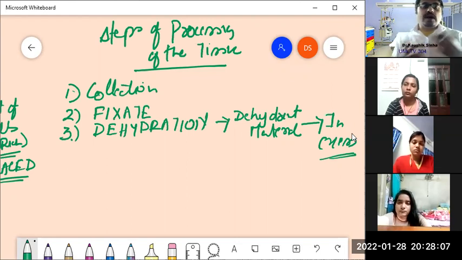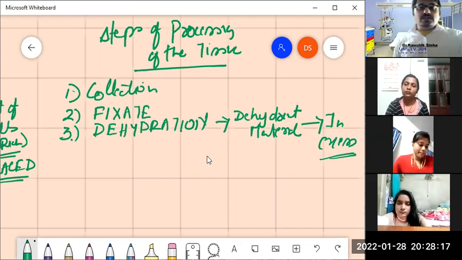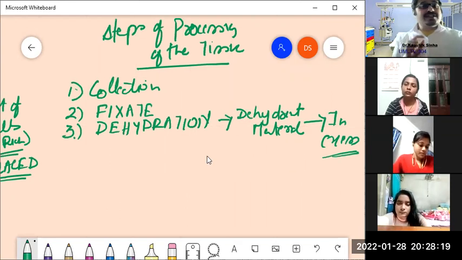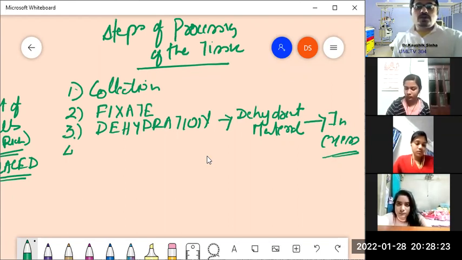We need to have that structure preserved. So there should neither be shrinkage, nor should there be a swelling. But an excess can cause swelling. And to make sure that this doesn't cause any forms of swelling, the fourth step should thus be clearing.